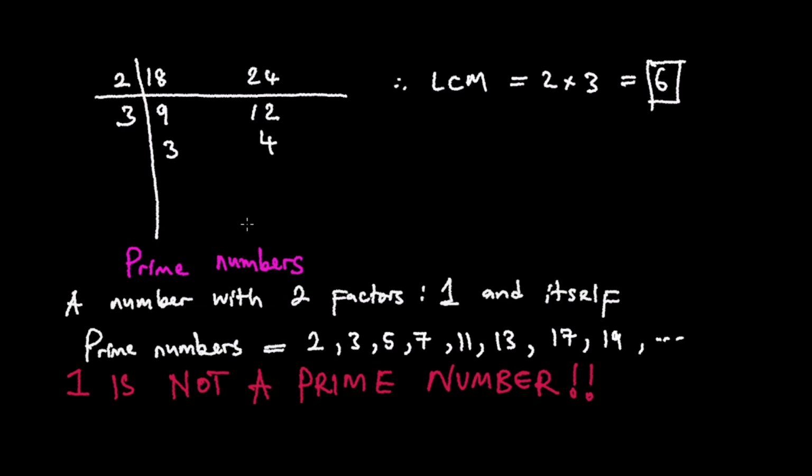But now we have something we refer to as prime factors. So prime factors are simply factors which are prime numbers. And there are questions that come asking you to express a number as a product of its prime factors.